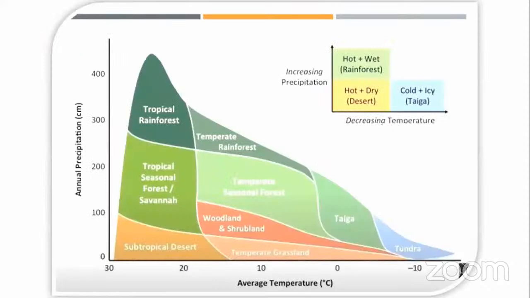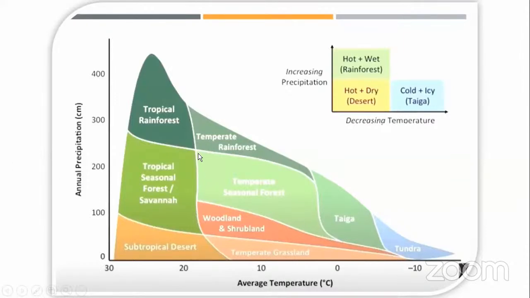Here is another very interesting representation. So here, any area will fall under one of these categories. Here you can see on the horizontal axis, it is the temperature. On the right, temperature is decreasing, and then annual precipitation on the vertical axis.